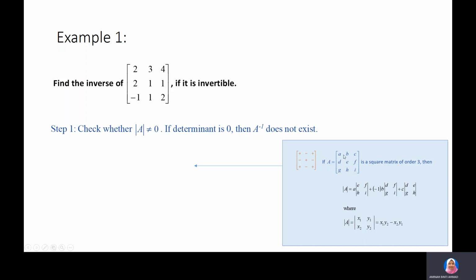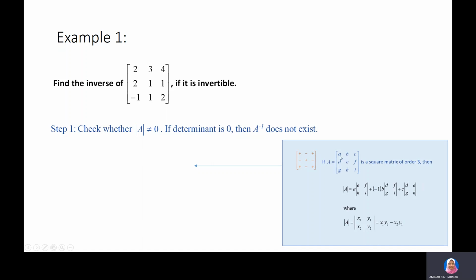So let's say we take A, B, C as the leading row of the matrix. Then we use the signs positive, negative, positive. This is just the minor of leading A, minor of leading B, minor of leading C.